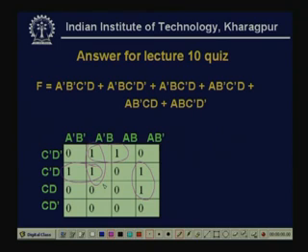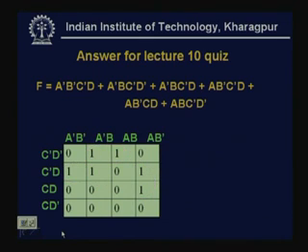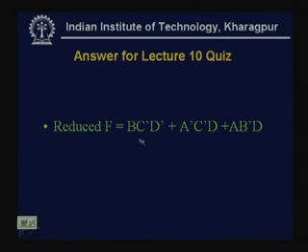So, there are 4 couples. Now, if we put that together, then the sum will be B, C dash, D dash plus A dash, C dash, D plus A, B dash, D.